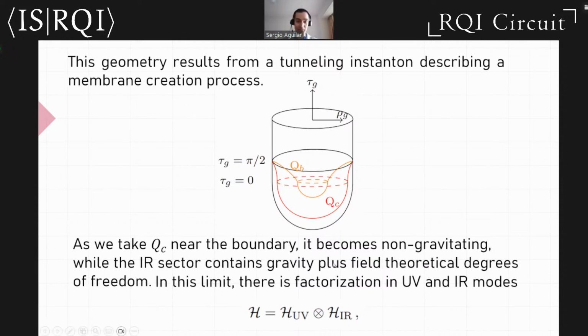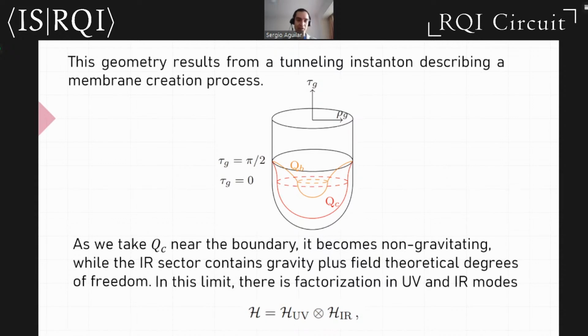This is how you can think about the preparation of this configuration. And then there is another point: we want to study some information quantities in this type of setting. So we're basically going to take one of the branes, the UV, to be very close to the boundary.